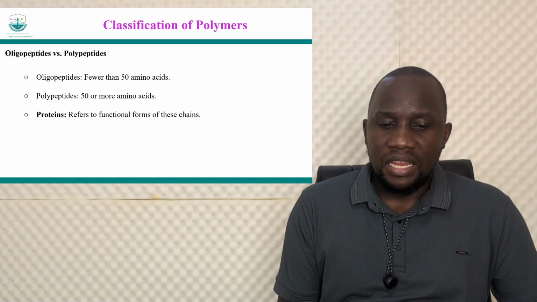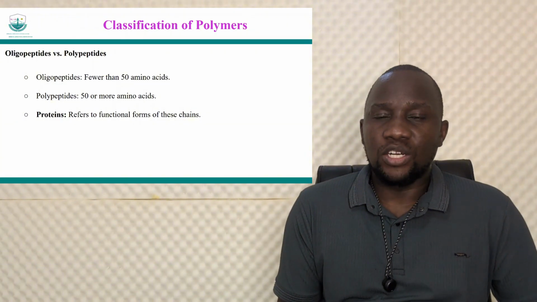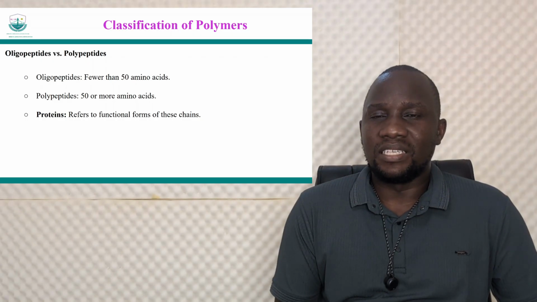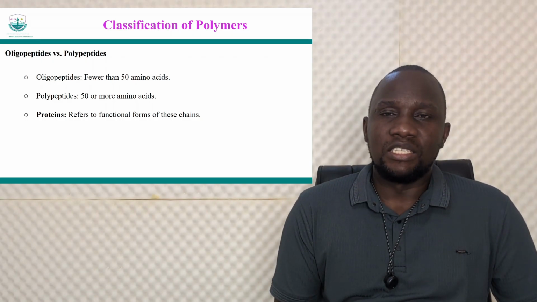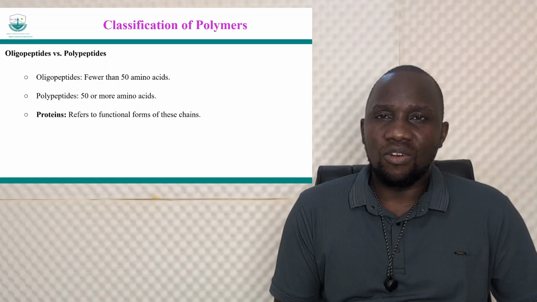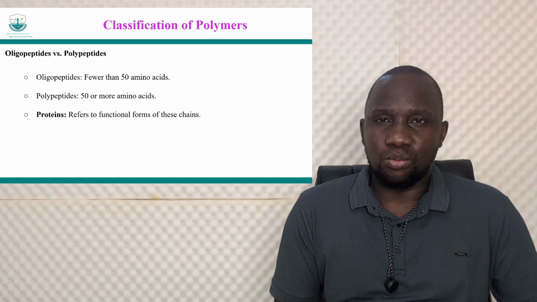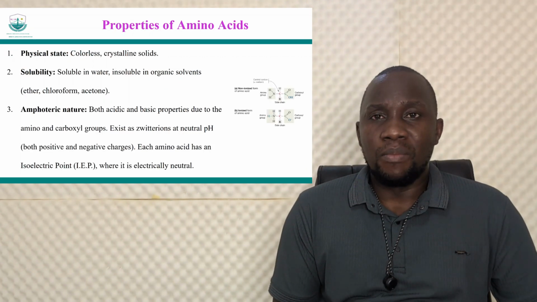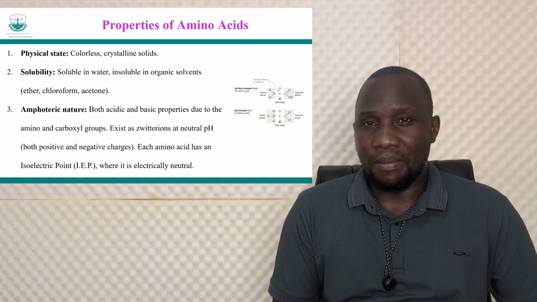The proteins refer to the functional forms of these chains. If it is an enzyme, that is a globular protein. If it is, for example, hemoglobin, that is a protein for transporting gases and things like that. They have different properties because they're actually not the same.